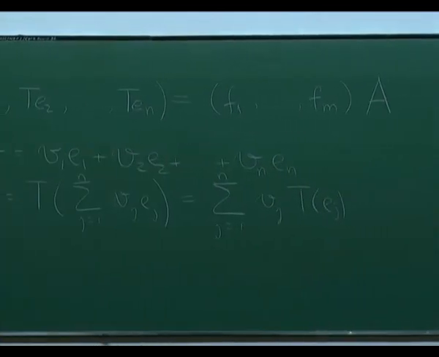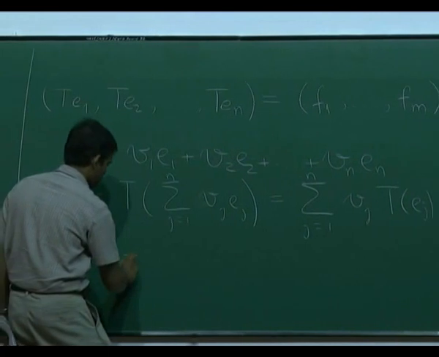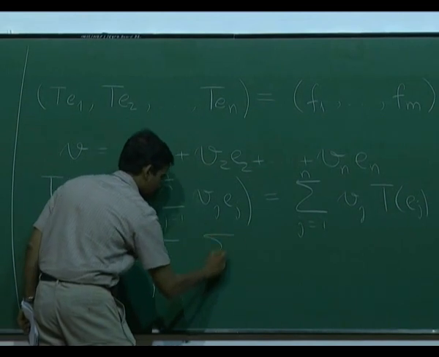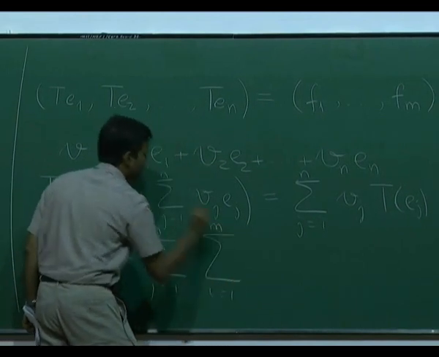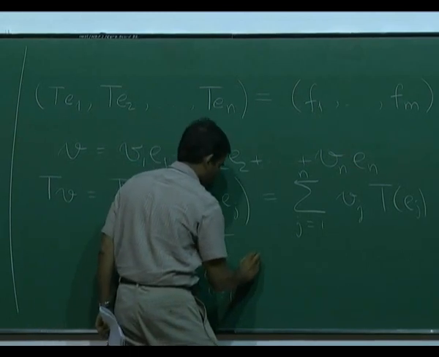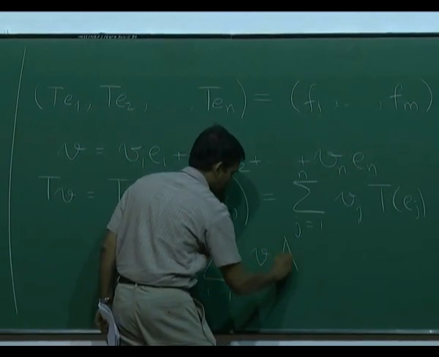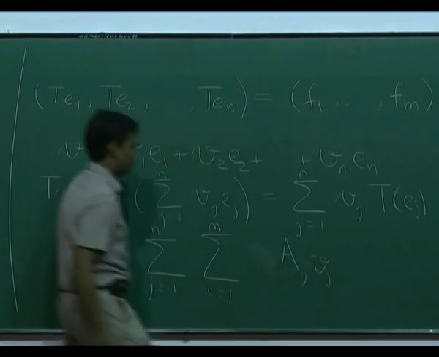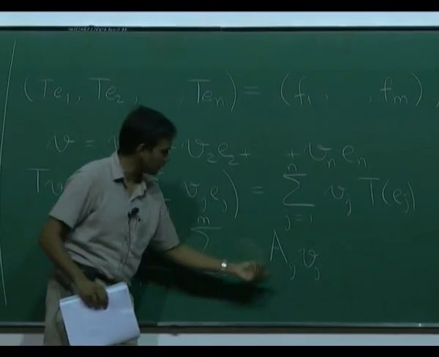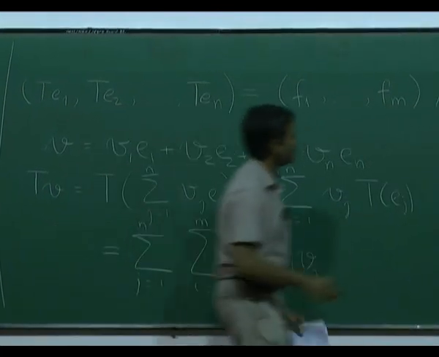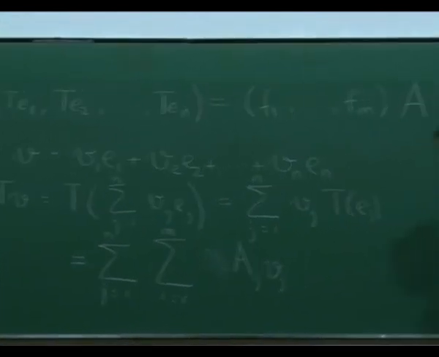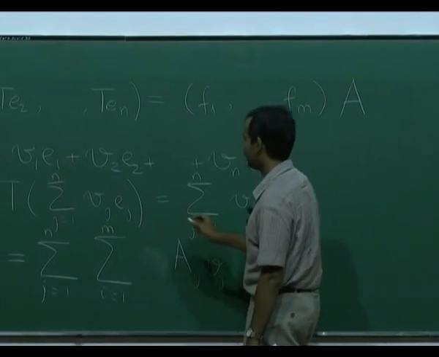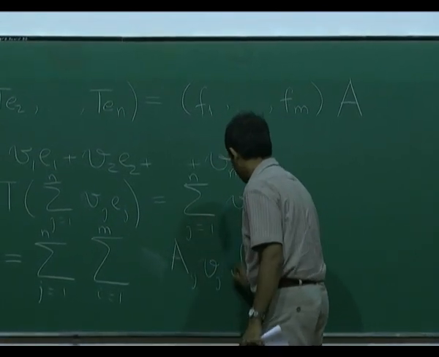But T of ej is given by this formula, so we can write this as the summation over j from 1 to n, summation over i from 1 to m, of aij vj fi.